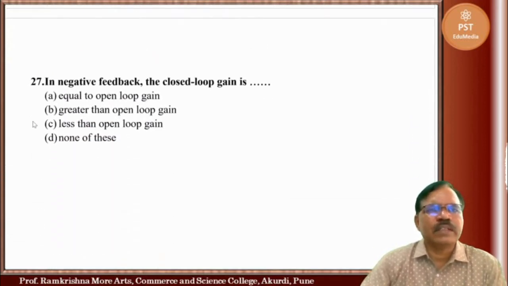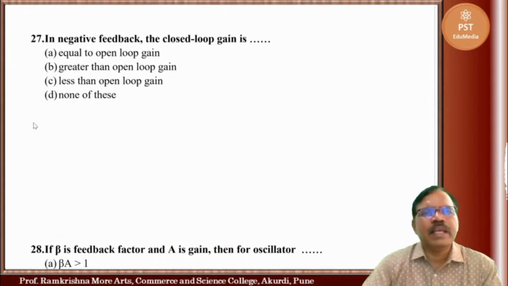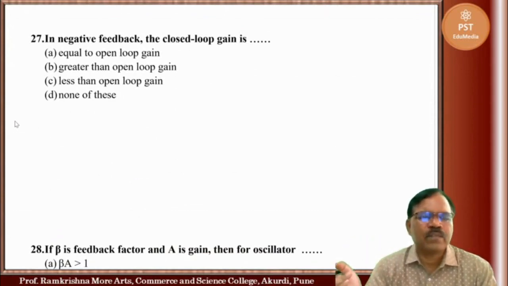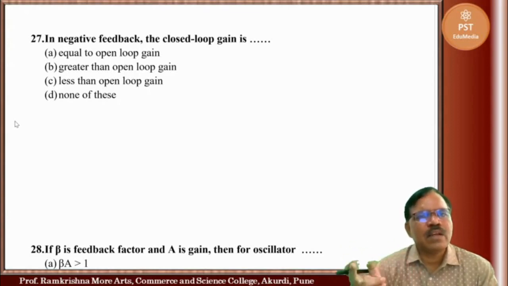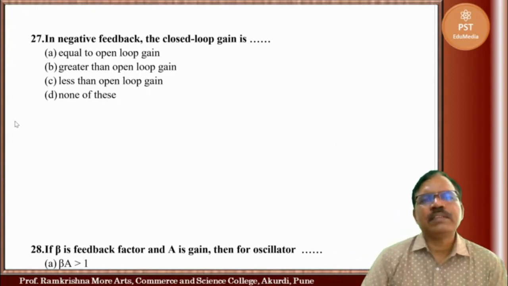Now next one. In negative feedback, the closed loop gain is equal to open loop gain, greater than open loop gain, less than open loop gain, none of these. So what happens here?